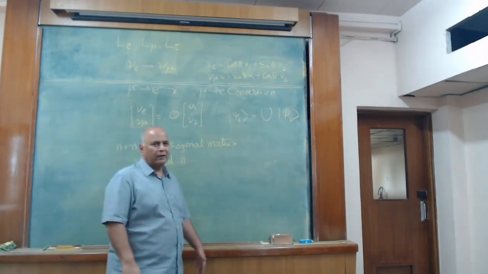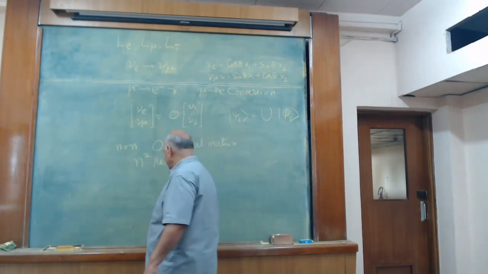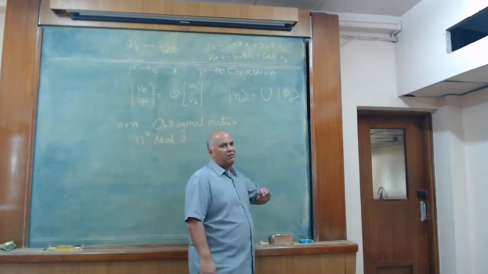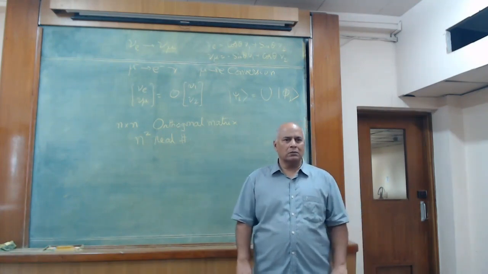It's an n by n matrix, so there are n square real numbers. So does it mean that I have to specify n square real numbers to construct the orthogonal matrix?